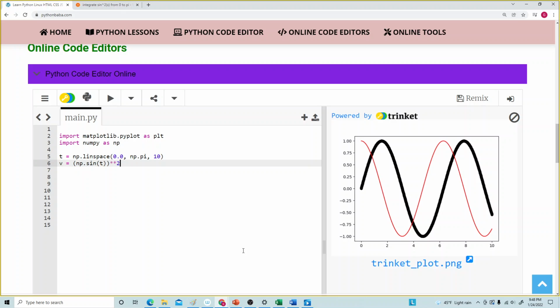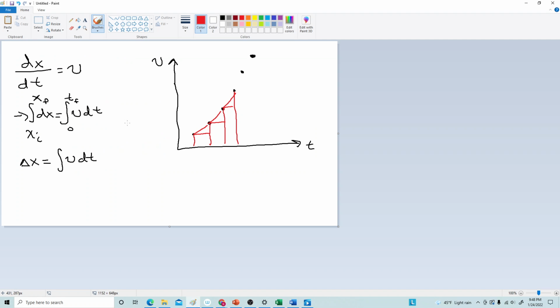And so why am I deviating from the typical x y variables that I've been using so far in these tutorials? Well, if you remember, this is the definition of velocity, right? The derivative of position with respect to time. So if I integrate both sides with respect to time, then what I get is the total displacement for my motion.